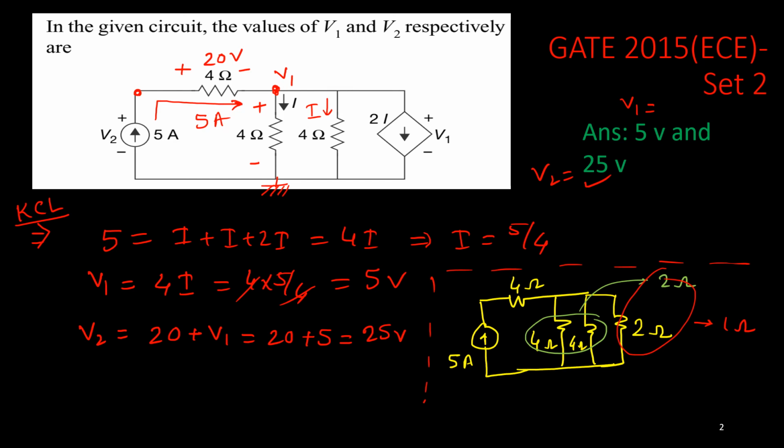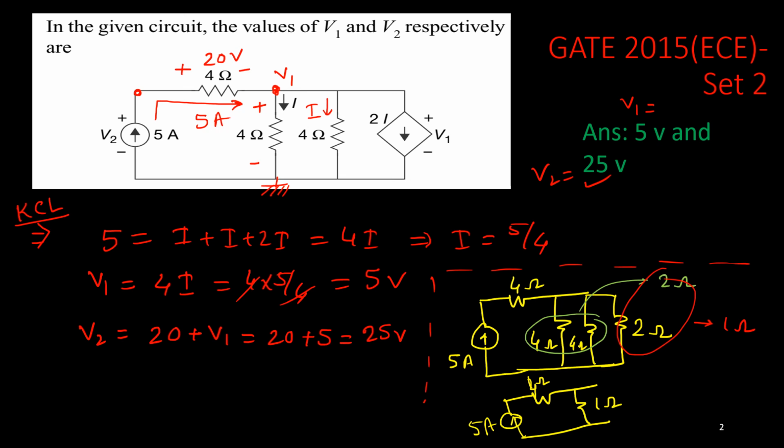The circuit is now further simplified. This is a current source of 5 ampere, this is your 4 ohm, and this is your 1 ohm.